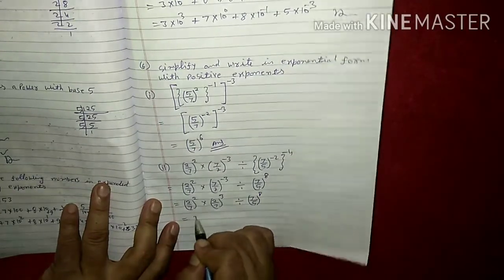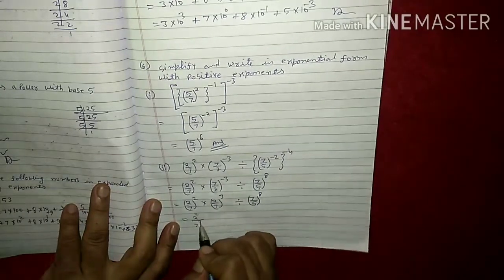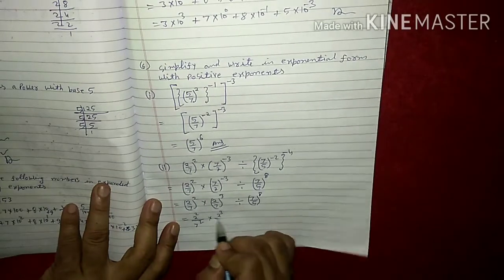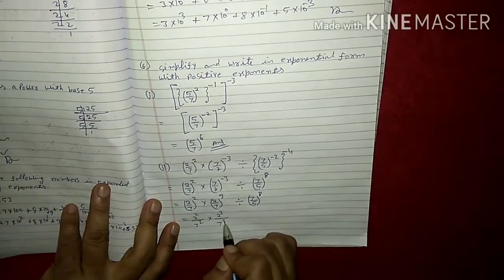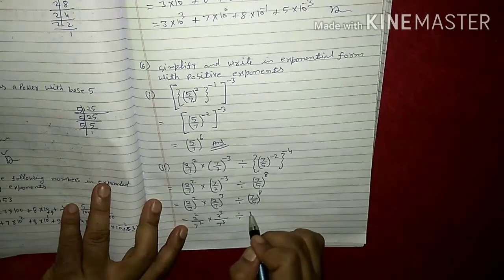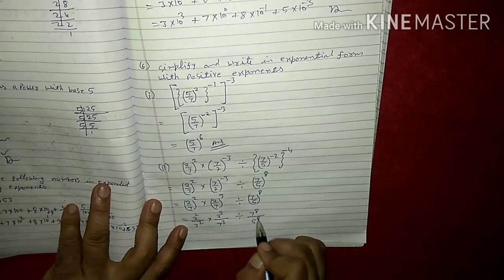You can write 2 power 2 upon 7 power 2, 2 power 3 upon 7 power 3, divide 7 power 8 upon 5 power 8.